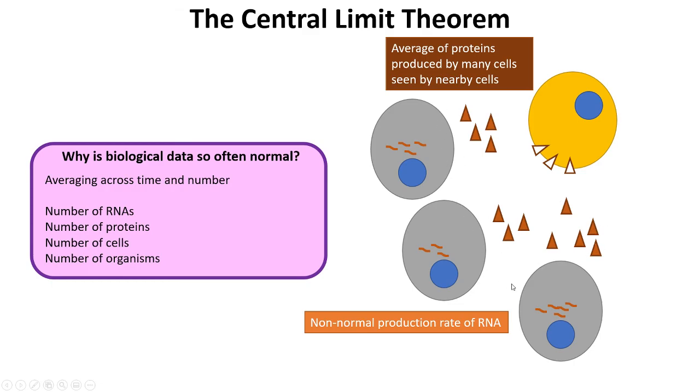And so in this way, you would be taking multiple samples and then creating an artificial sampling distribution that another cell is looking at. In that way, you could take non-normal production rates of RNA and turn them into normal distributions of signaling molecules. So that's the central limit theorem in practice in biology.